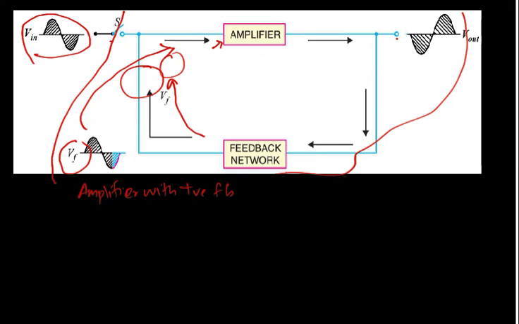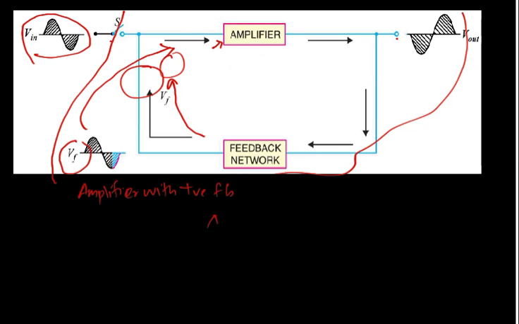Before discussing how we can produce this oscillatory circuit or the schematic diagram of an oscillatory circuit, just consider an amplifier with positive feedback.